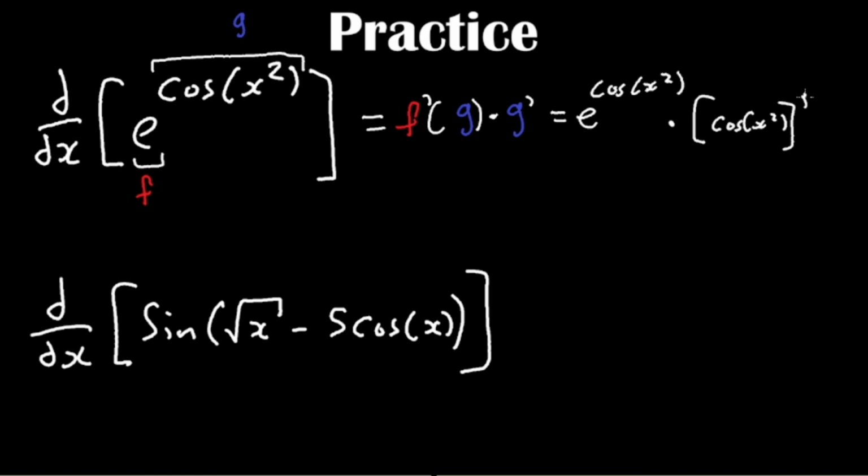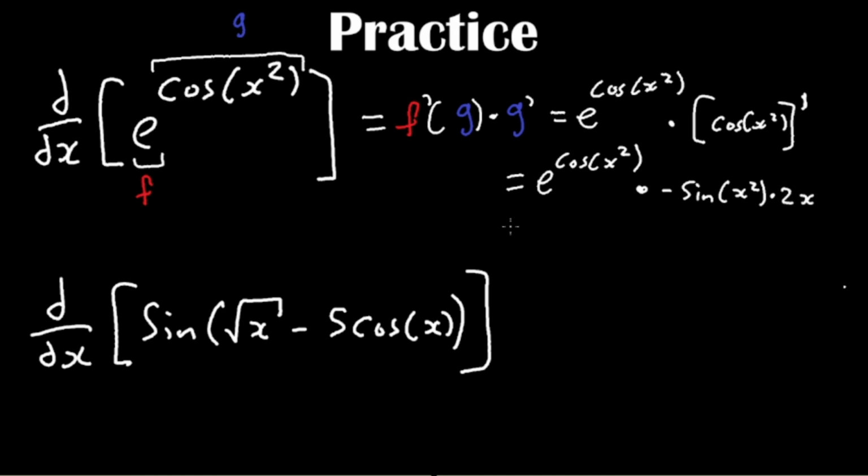So again, I'm not going to write it out, but for the derivative of cosine of x squared, we need a chain rule. So this is e to the cosine of x squared times, okay, so the derivative of cosine, we know that's minus sine, and then we have x squared times the derivative of the inside, that's 2x.